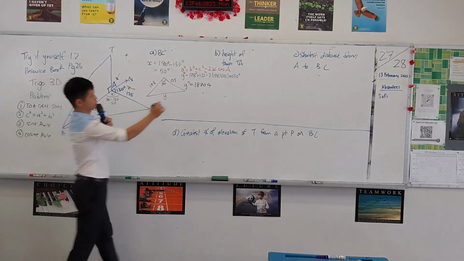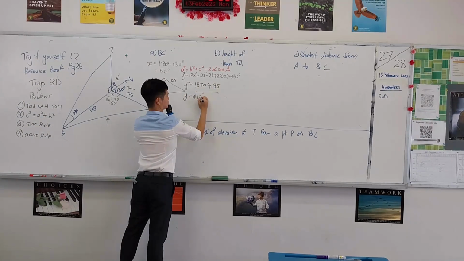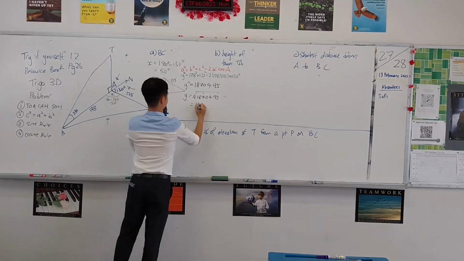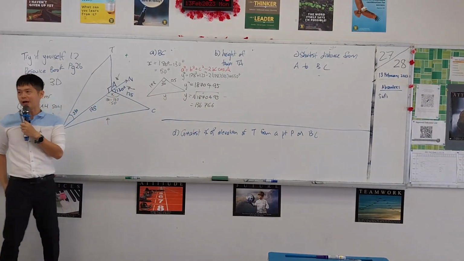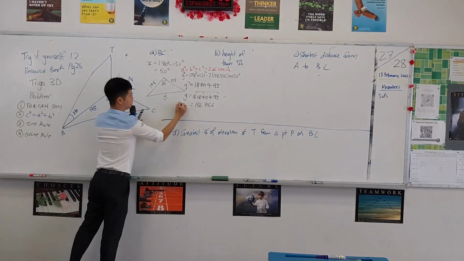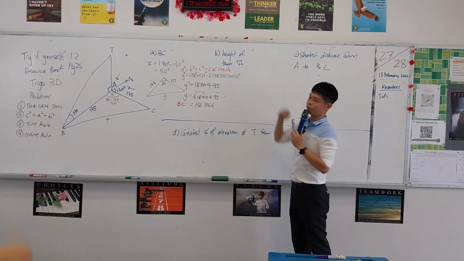So I need to square root this, and that will give me BC. All right? If you forget what you're finding, please write this down.